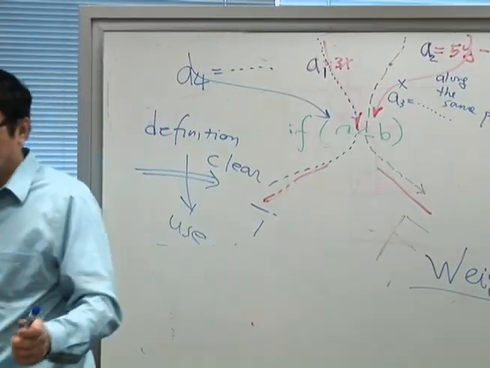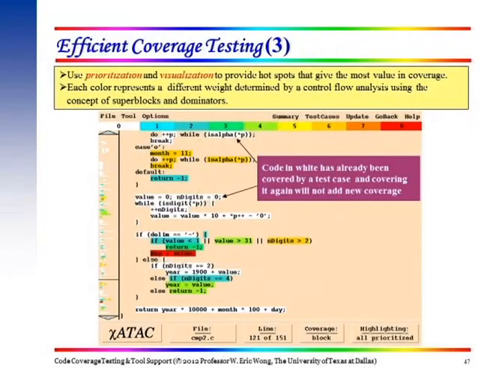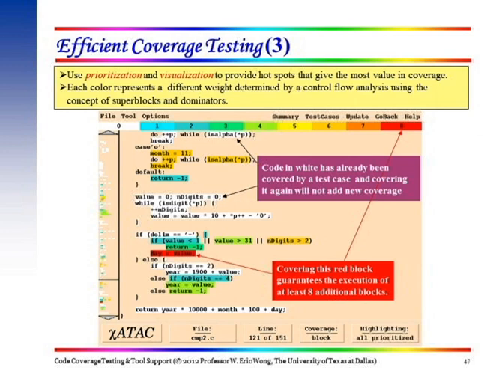So that is something which we're going to discuss. How can I know which part should be red, which part should be yellow? And what do these numbers mean? That's something which we're going to discuss. And so the code in white is already covered. I don't want to touch it again. And the code in red is something which I want to do.